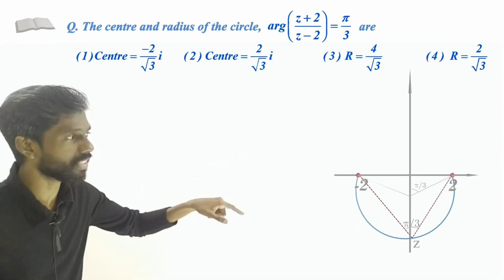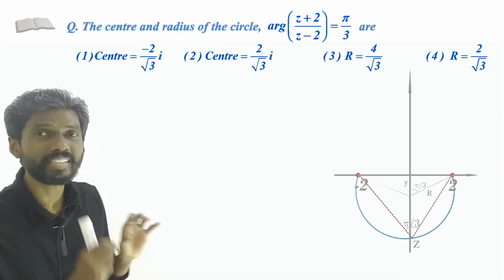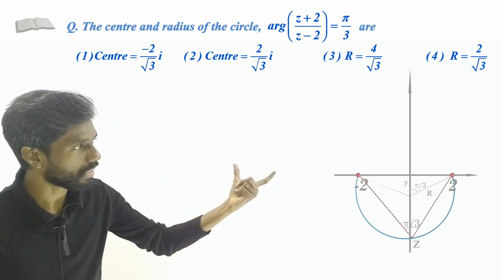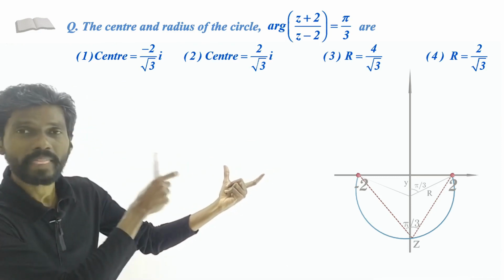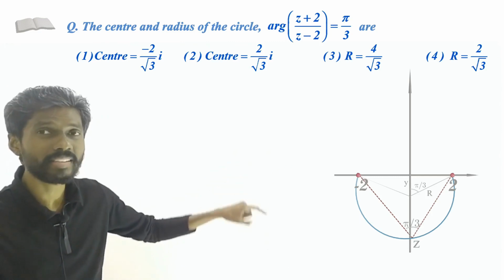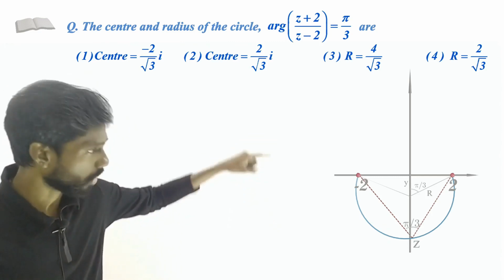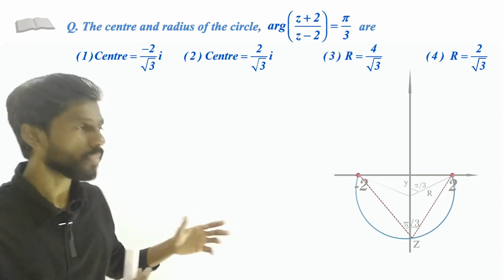So if you consider the right angle triangle, that angle is 60 degrees, and this base is 2 units. Then you have to find this height, which will give you the center, the y coordinate. Let us use simple trigonometry.